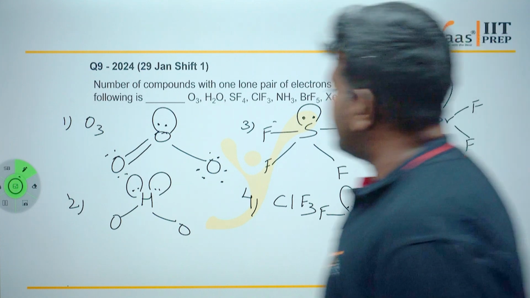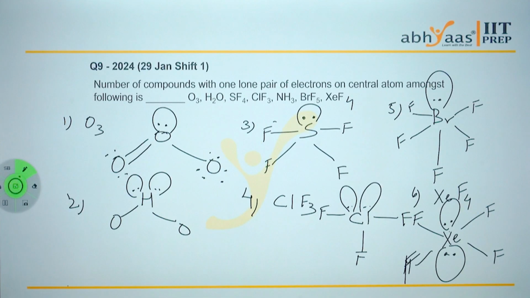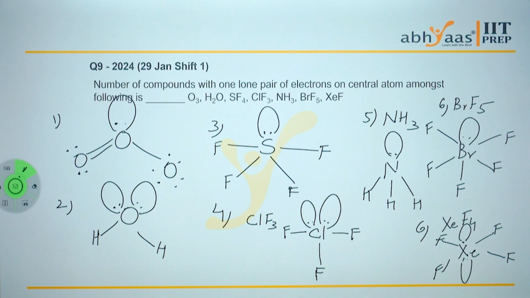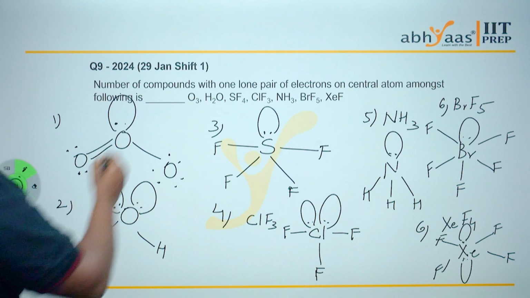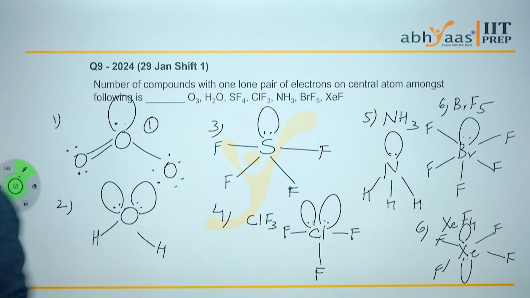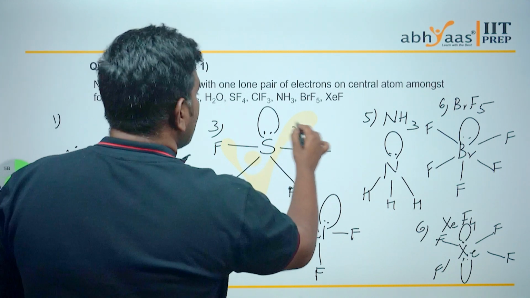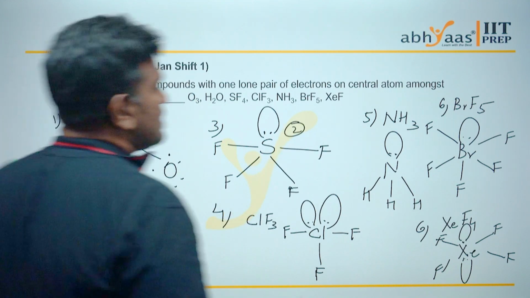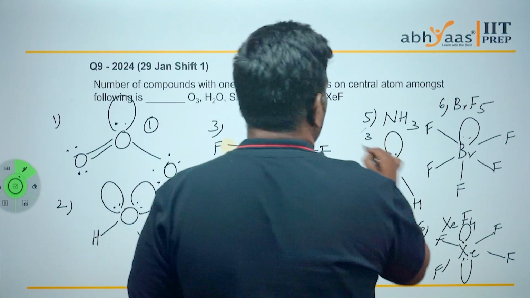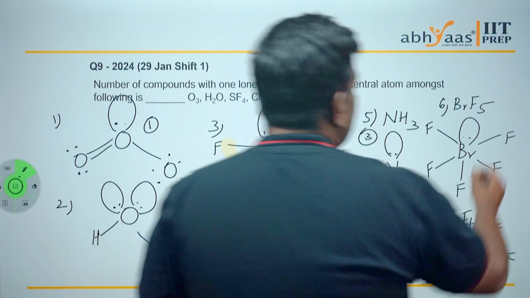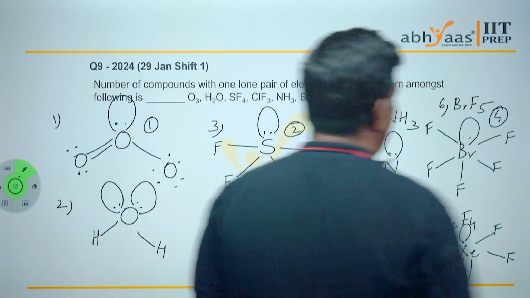So you can see how many compounds have only one lone pair on the central atom. O3 has one lone pair, SF4 has one lone pair, NH3 has one lone pair, and BrF5 has one lone pair.